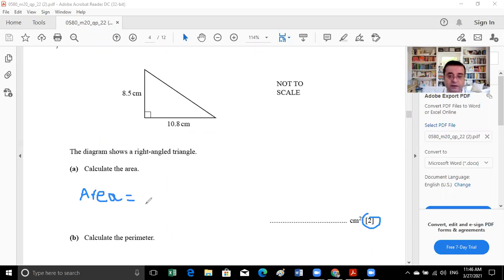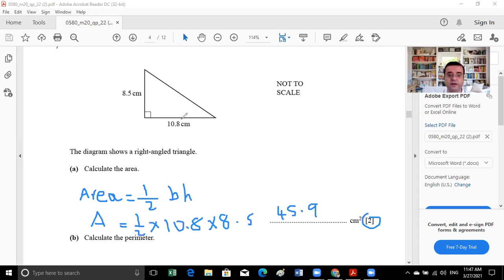A equals half base times height. Get the answer? 45.9. 45.9, very good.